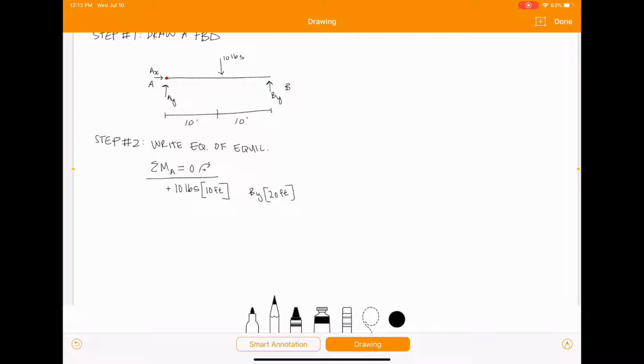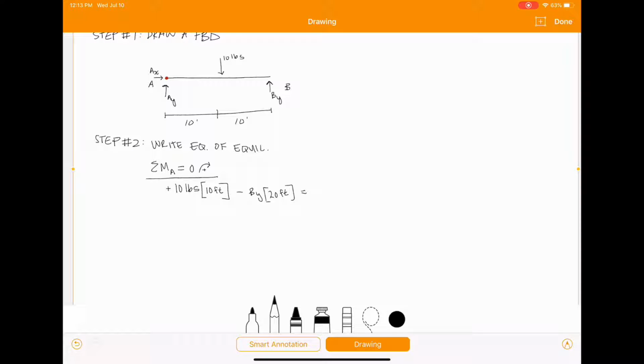Now, as BY pushes up on this beam, the beam is going to want to rotate counterclockwise about point A. So we know that this is going to be negative. All right, so now we've reached the end of the beam. So we've reached the end of our equation.